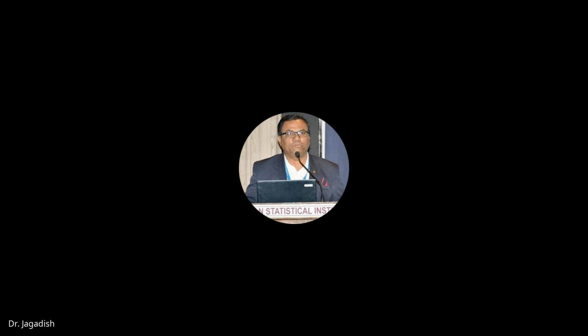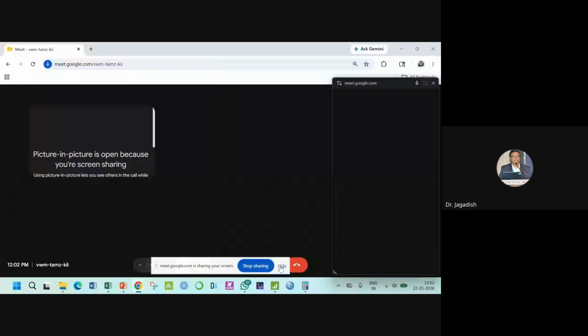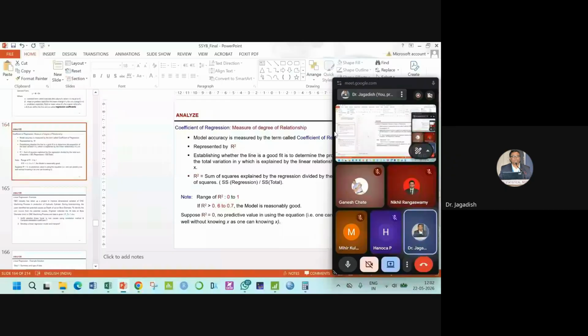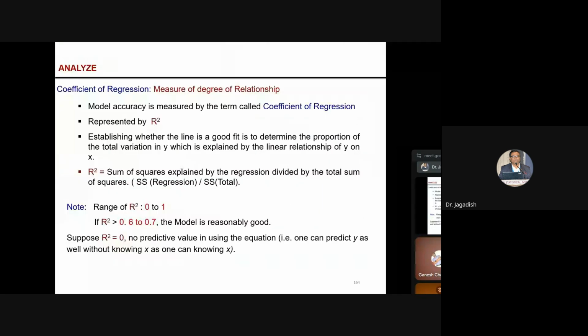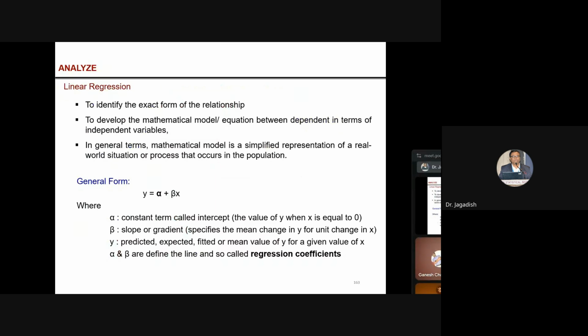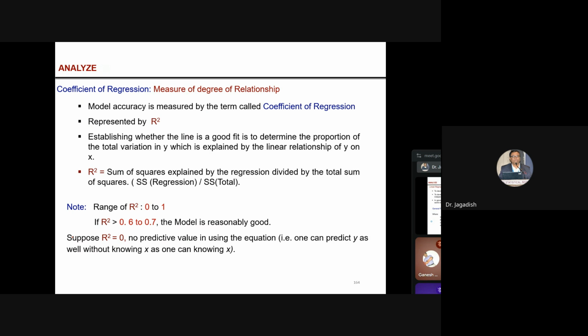So I was discussing the correlation and regression topic, where we have seen the importance of correlation as well as regression in the yellow belt journey. Why it is required is because I want to model the process and see which X is important for me.